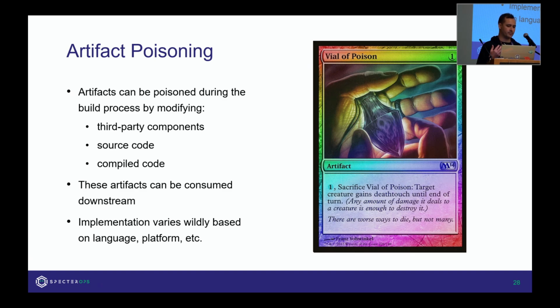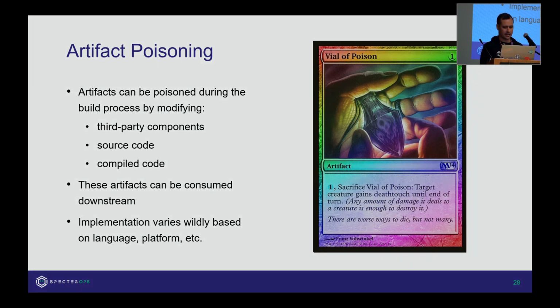We can also potentially modify the source code that is used on the runner. The runner pulls down the code, we modify the code, and then that gets built. We can also just replace the compiled code after it's been compiled, and then wait for something to push this up to the artifact storage.